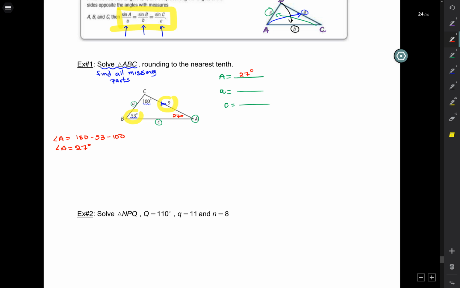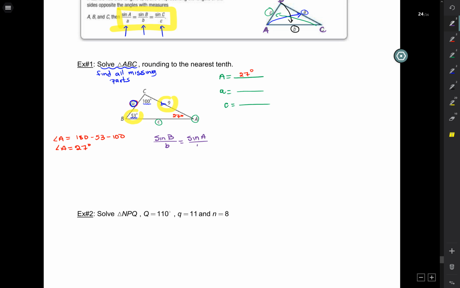All right. Now I need to find little a or little c. Let's start with little a. So to find little a, what I need to do is this. I start with the pair where I had everything given, and that was b. So I'm going to do sine b over b is equal to sine, and I wanted to find a first, right?